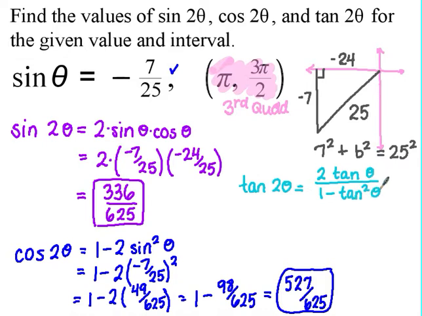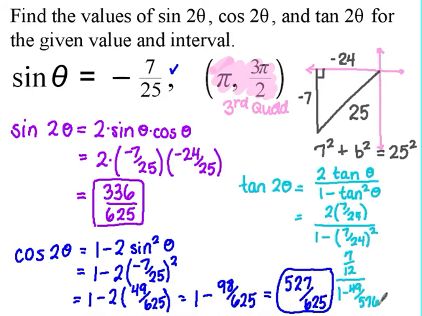So 2 times the tangent of theta. Tangent of theta is 7/24, divided by 1 minus 7/24 squared. 2 times 7/24 is 7/12. Okay? So I really have 7/12 divided by 1 minus 49 over 576.